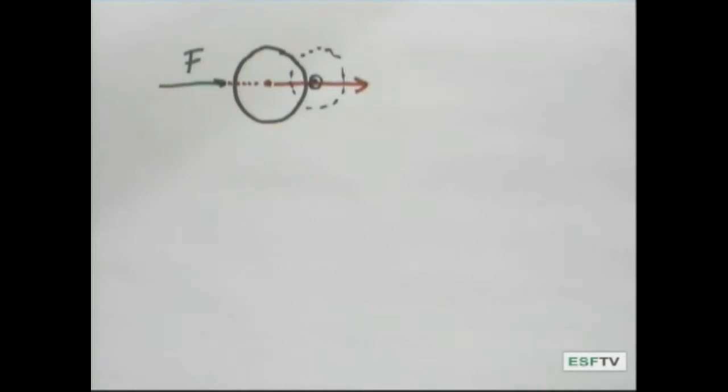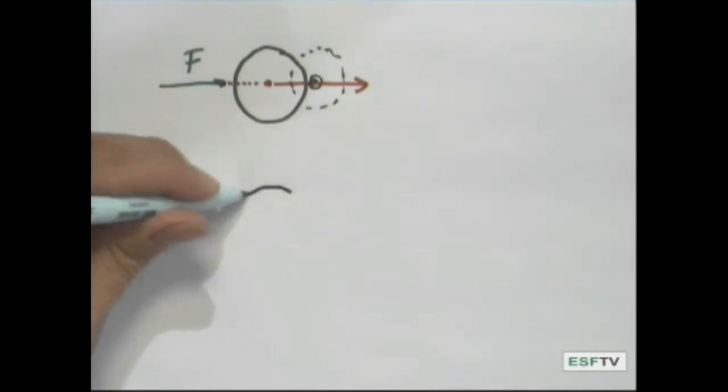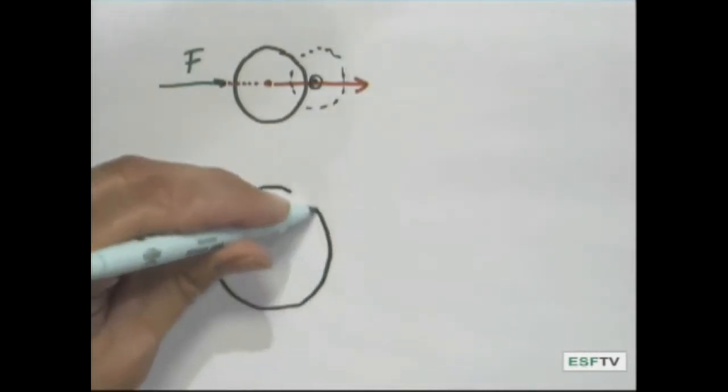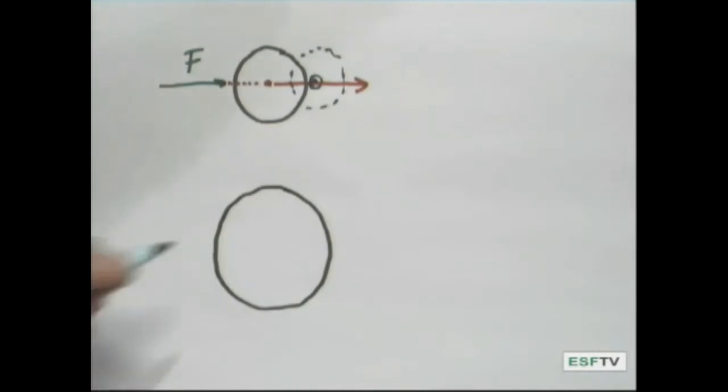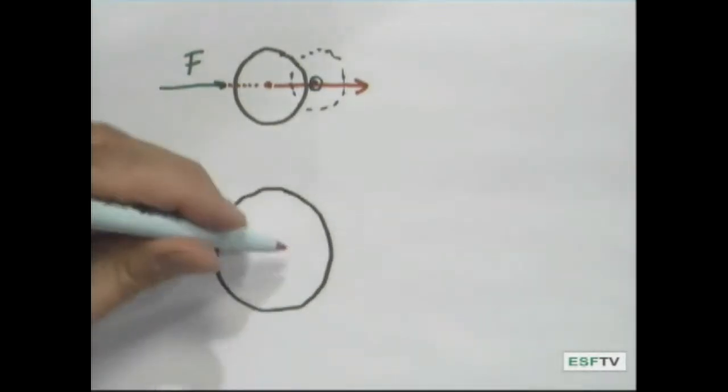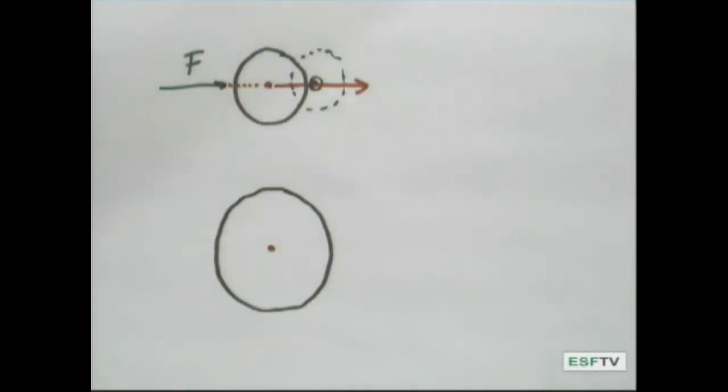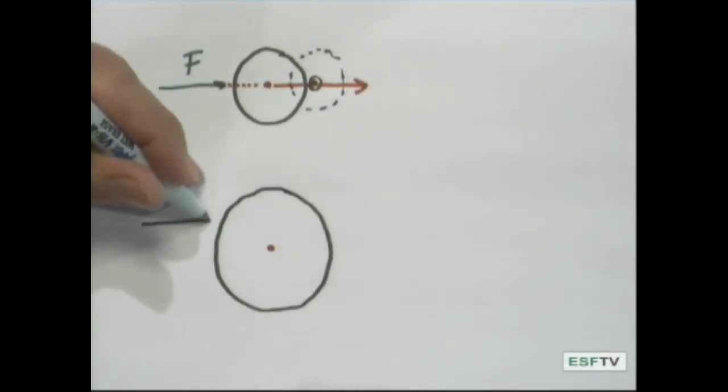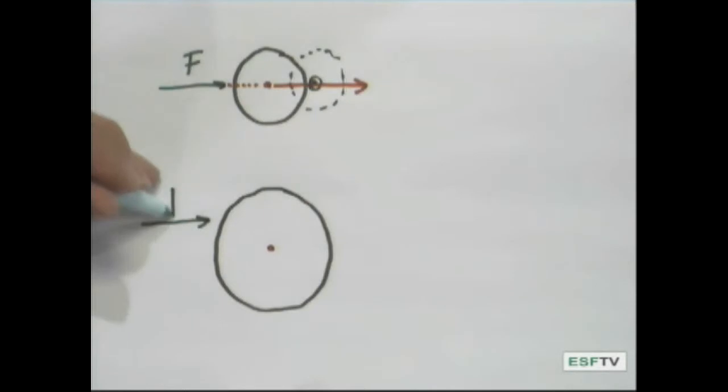Now let's do something a bit more complicated. Forces don't always line up nicely with the center of mass. So let's take our object again. I'm going to make it a little bit bigger because I want to have some details in there. And let's say that we have a center of mass right here. But now, instead of applying the force directly in line with the center of mass, we apply the force up here somewhere.